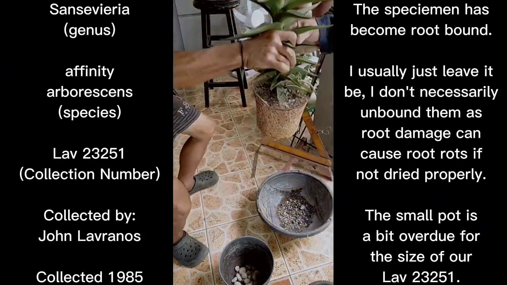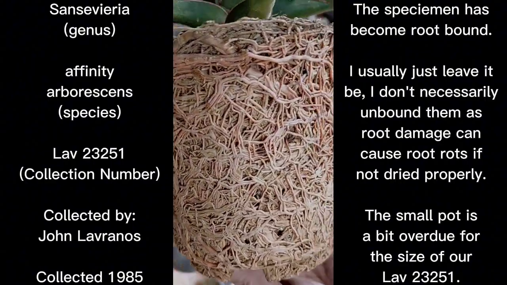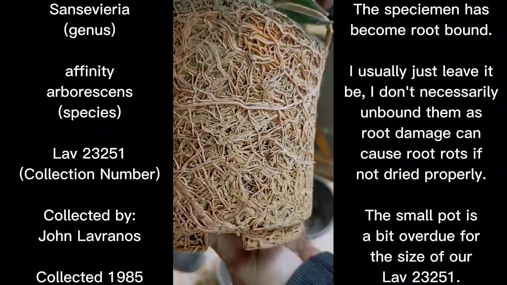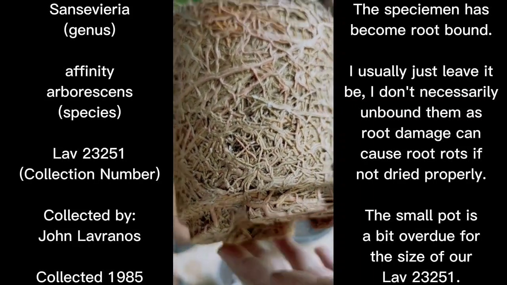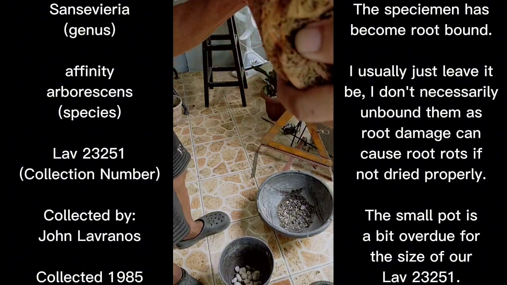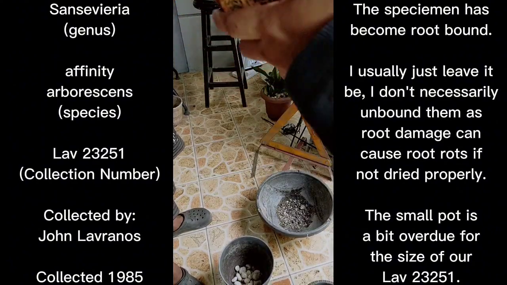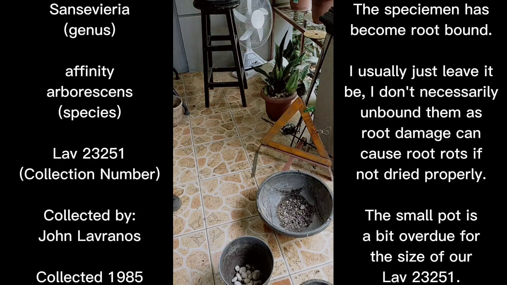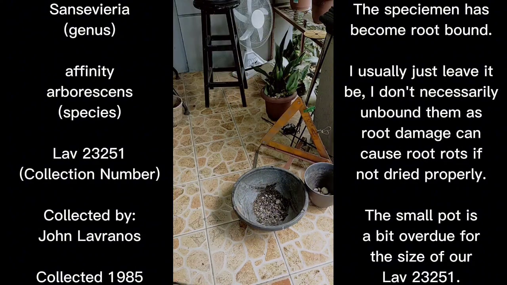The hydrogen peroxide will melt the pests off the root system, as well as cure the wounds that were incurred by the pests that we found on the root ball. Next video is where we are planning to replant the specimen of Lav 23251.